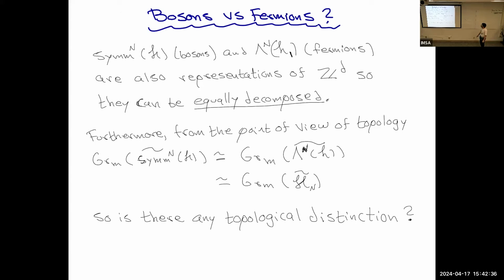So okay, so this is bosons versus fermions, and so you can ask, okay, so I did it for n particles. What about if my particles are bosons or they are fermions? Well, it turns out that they're also representations of S_n. And if you think about it, what are bosonic or fermionic wave functions?